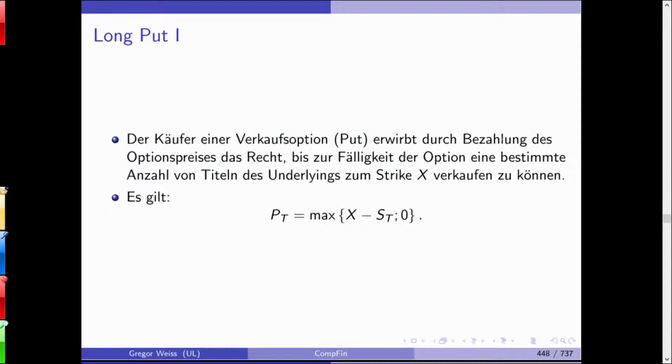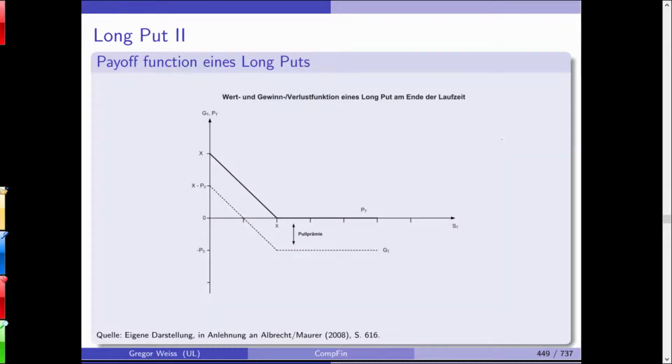Long put, we buy the right to sell the underlying. So we can sell it at the strike price, and we'll make a profit if we can sell it higher than the current market price. So the maximum of X minus ST, or zero, is our payoff. This is what the hockey stick diagram looks like.